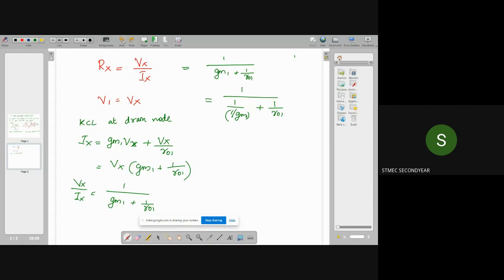This can be written as 1 by GM1, 1 by R01, which is the parallel combination of 1 by GM1 and R01.